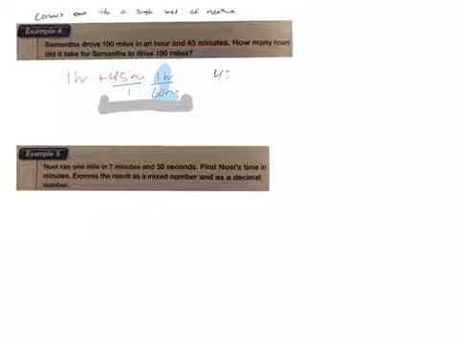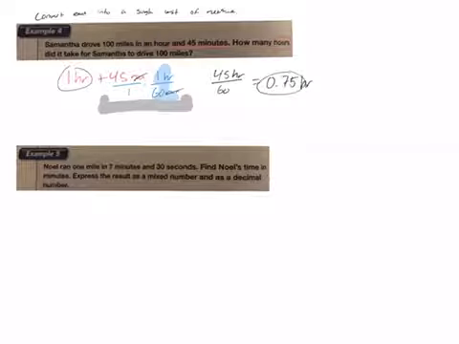This is going to be 45, the minutes reduce, hours over 60, and that is equal to 0.75 hours. So how many hours? 1 plus 0.75, so 1.75 hours.